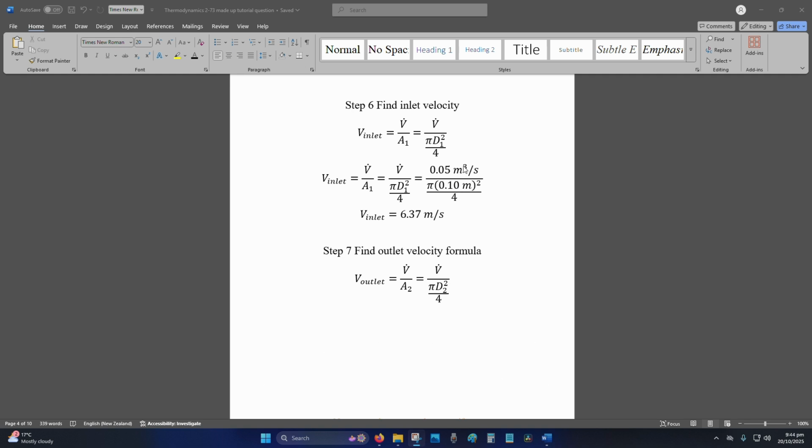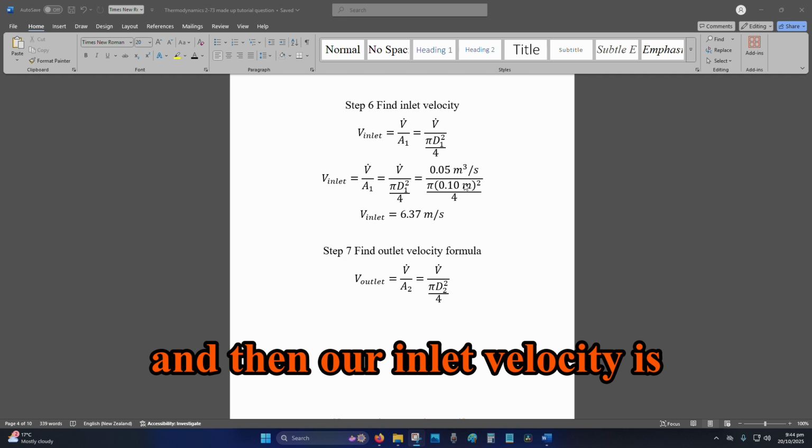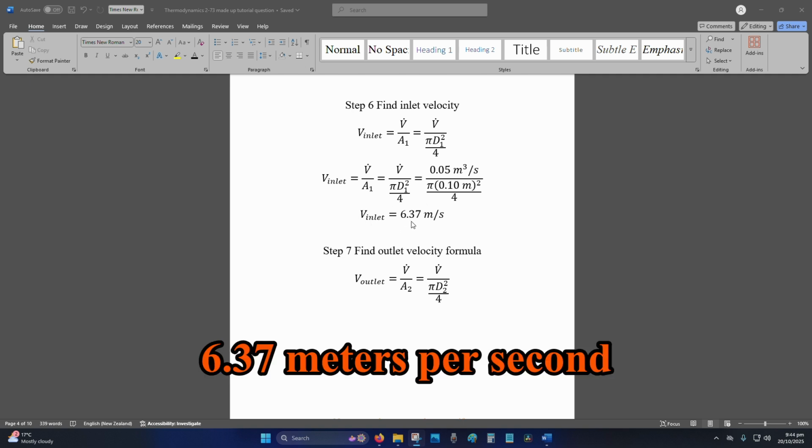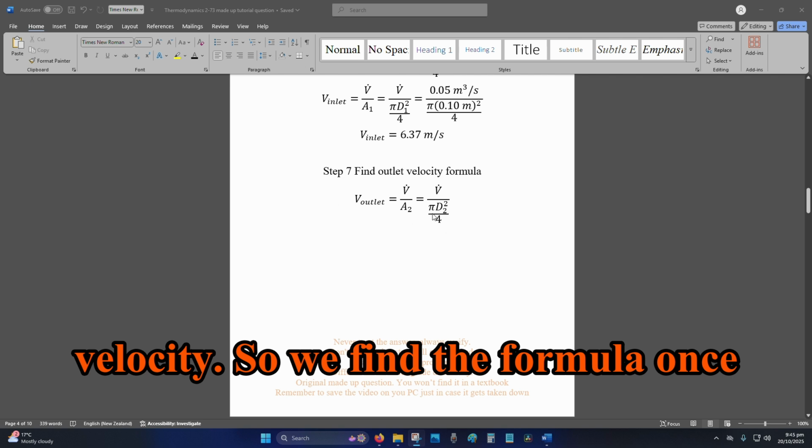This will reduce the meters cubed to just meters. And then our inlet velocity is 6.37 meters per second. Step 7, we do this for the outlet velocity, so we find the formula.